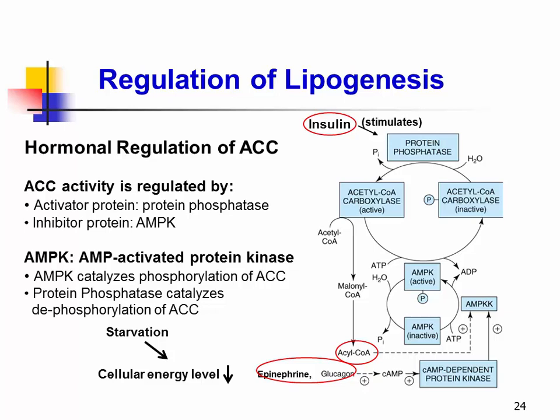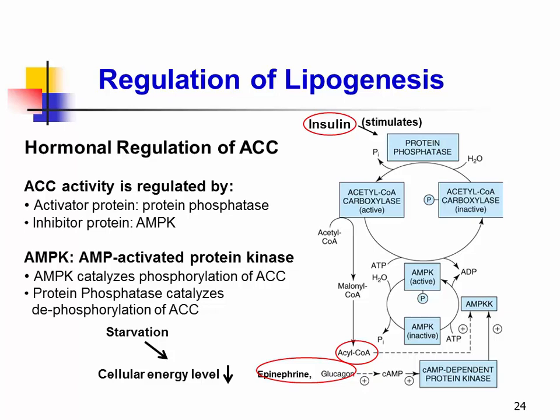Yes? To try to sum that up, see if I'm understanding it: it goes down by phosphorylating the ACC. Yes, that's how it decreases. When you see a kinase, a kinase is an enzyme that always catalyzes phosphorylation of some other enzyme. AMPK is a kinase, so it catalyzes phosphorylation of ACC.